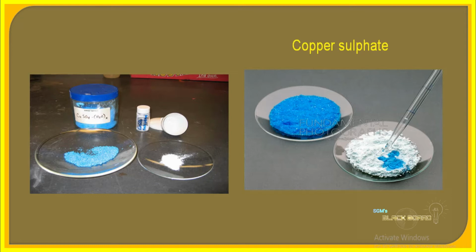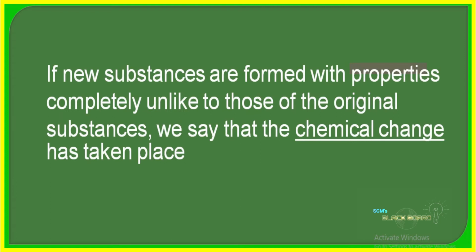The other type of change, that is chemical change: if new substances are formed with properties completely unlike those of the original substances, we say that a chemical change has taken place. In the previous session, we did different activities to show that substances undergo chemical changes.